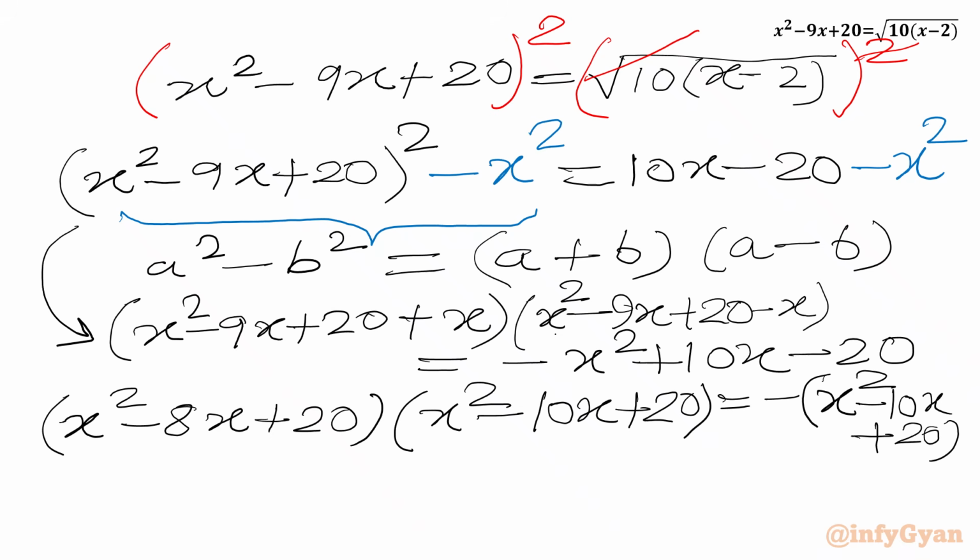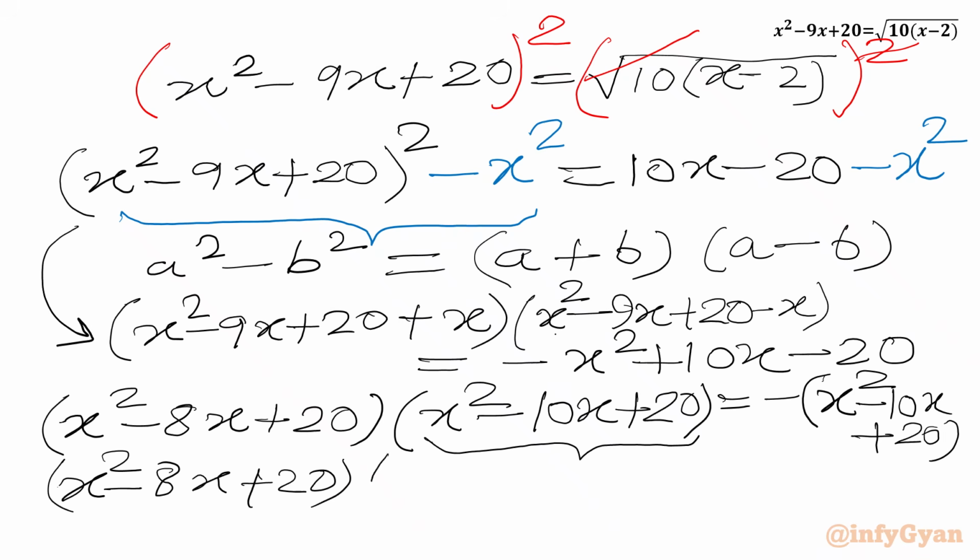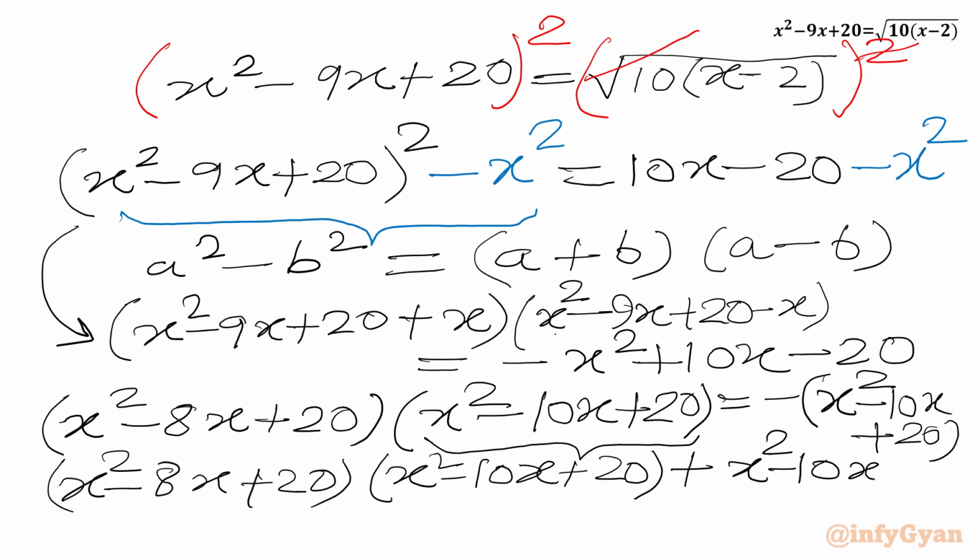So we have x squared minus 10x plus 20 over here. We'll write all the terms to one side. So we can write x squared minus 8x plus 20 times x squared minus 10x plus 20, plus x squared minus 10x plus 20. This must be equal to 0.